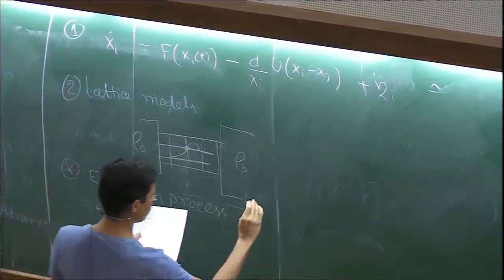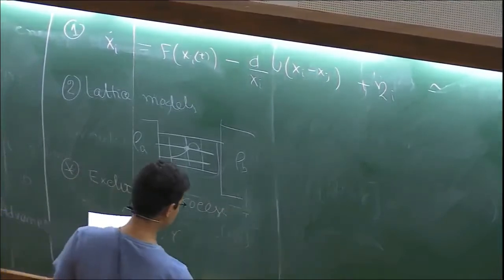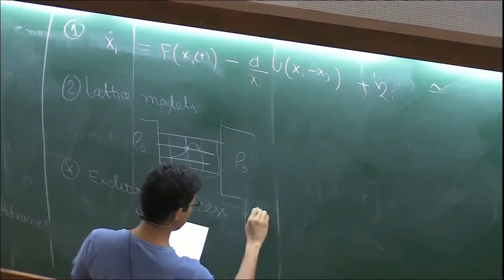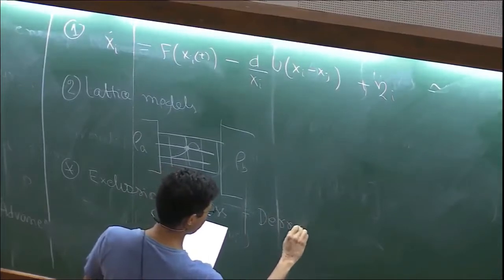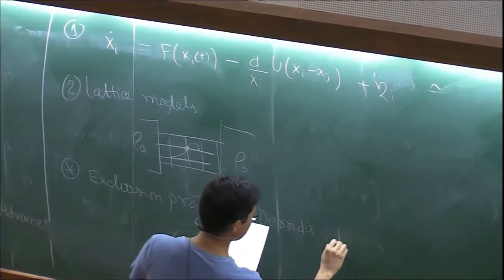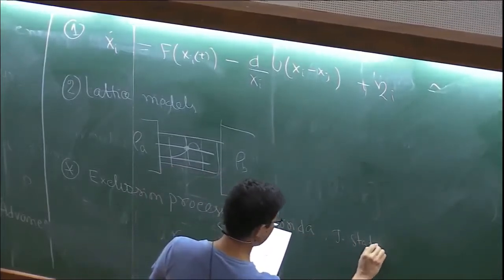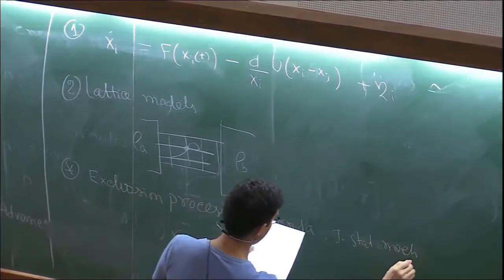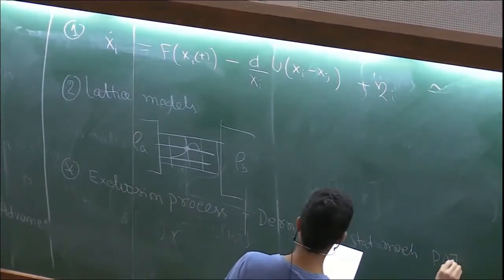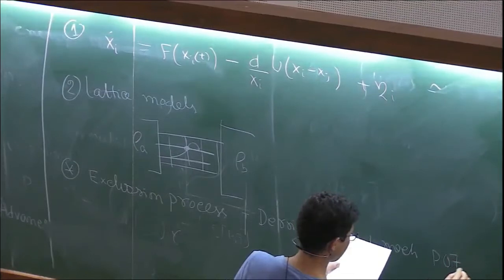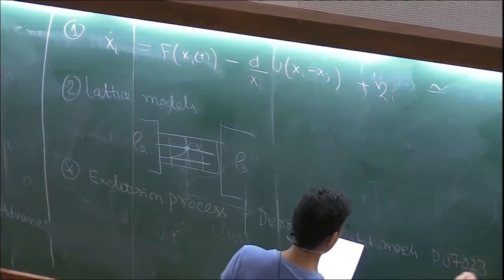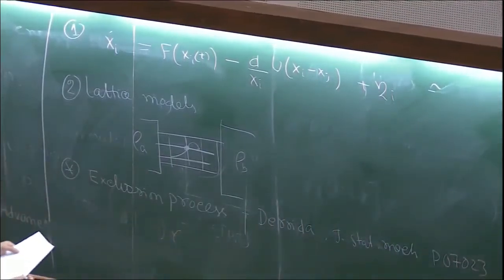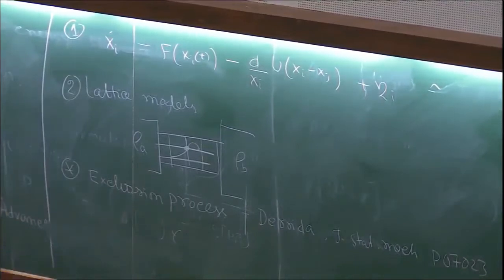You can look at them in this article by Derrida in J. Stat. Mech. There are also models like the zero-range process or even the Ising model on a lattice.